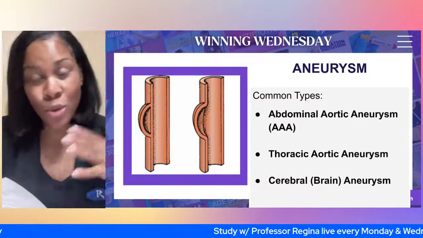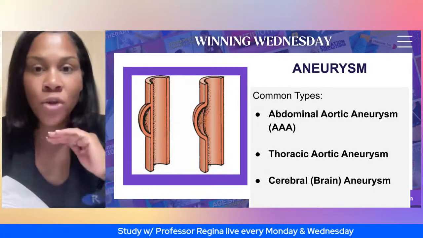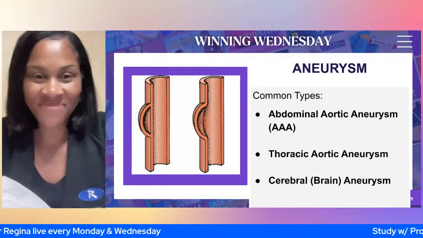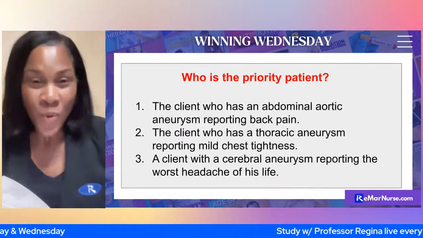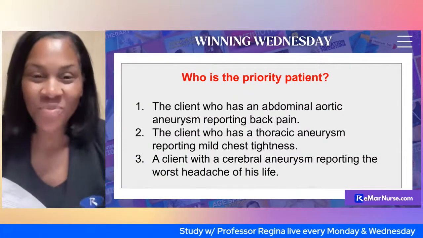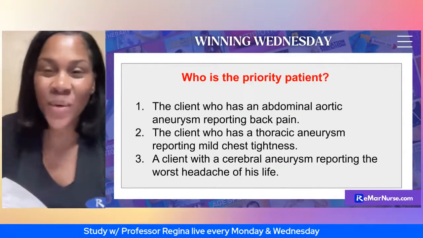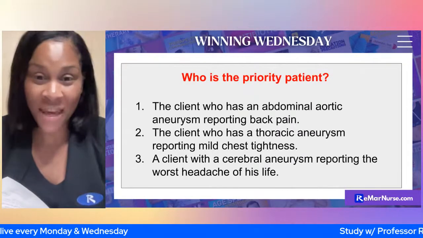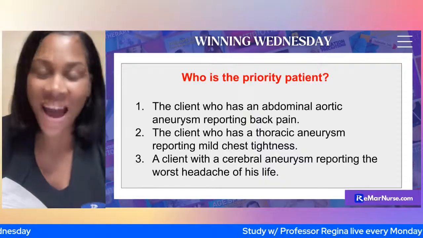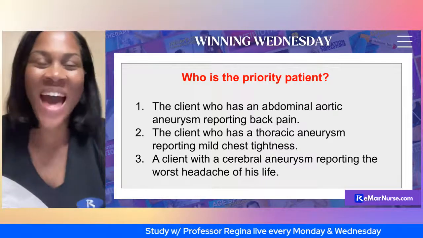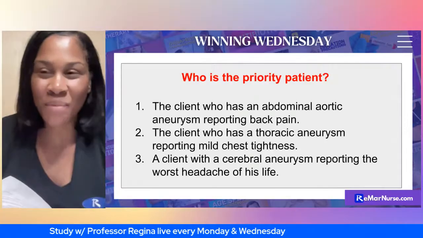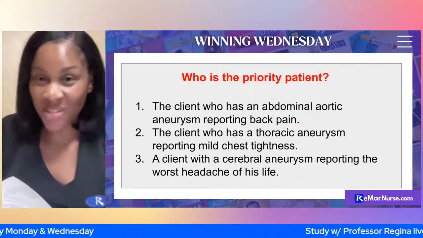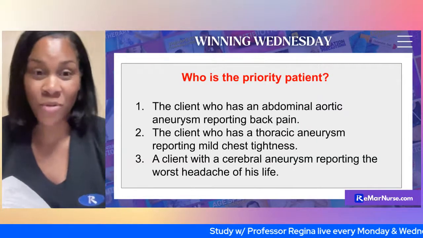My job is to get you to critically think based off of stuff you already understand. So if I asked you this question, who is the priority? Number 1, the client who has an abdominal aortic aneurysm reporting back pain. Number 2, the client who has a thoracic aneurysm reporting mild chest discomfort.